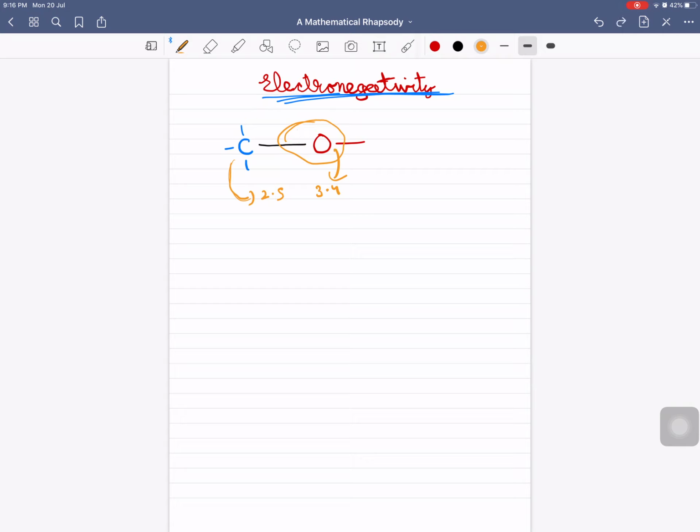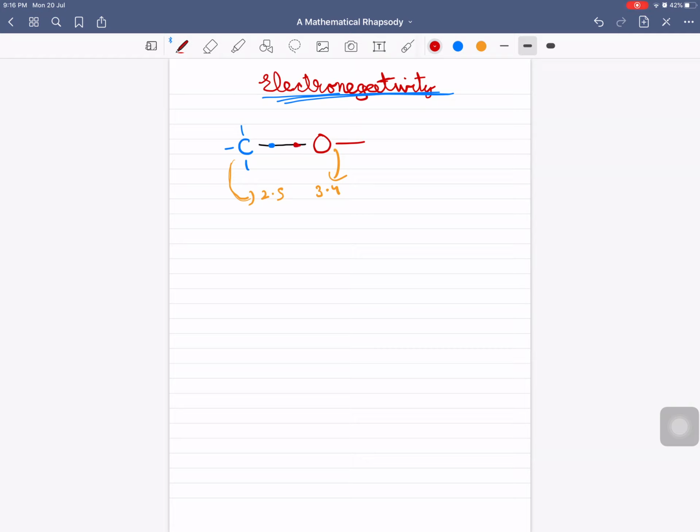Okay, now let's draw them if they were particles right over here, right? Let me use blue for carbon. This is an electron of carbon, this right here, if it was in this shape, and this is an electron of oxygen.